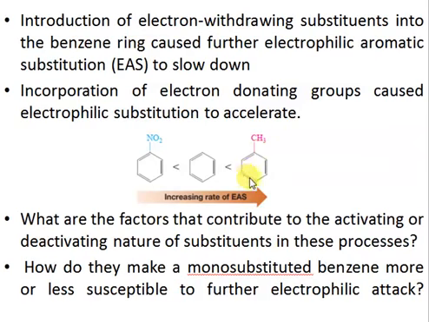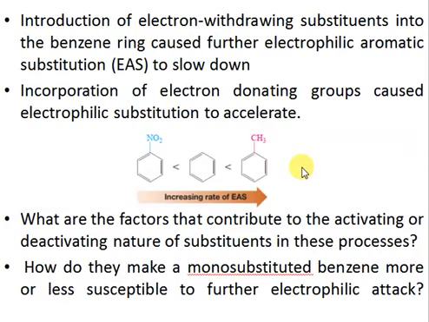So since the benzene ring has higher electronic density now, if the electrophile comes, this benzene ring will readily attack this electrophile, right? So in case we want to generalize the rate of reactions, then you can say that electron withdrawing groups decrease the rate of reaction, while electron donating groups increase the rate of reaction.